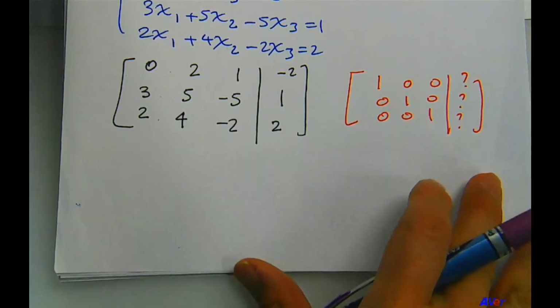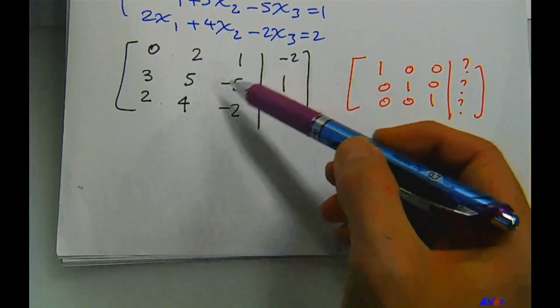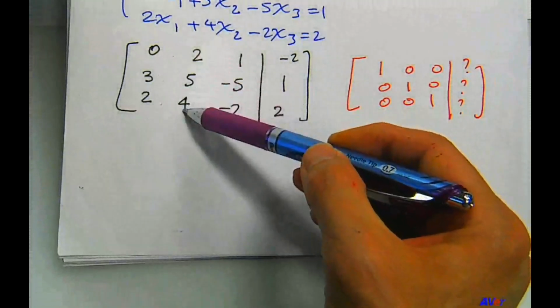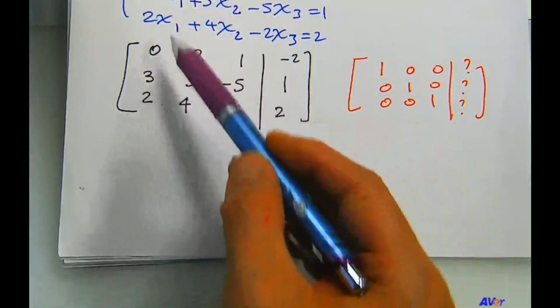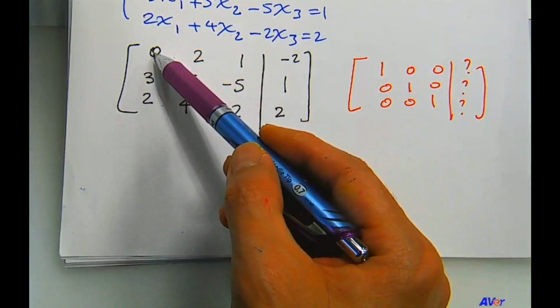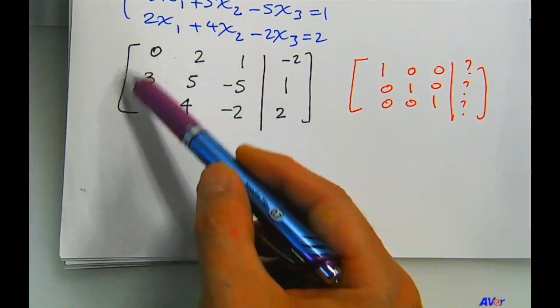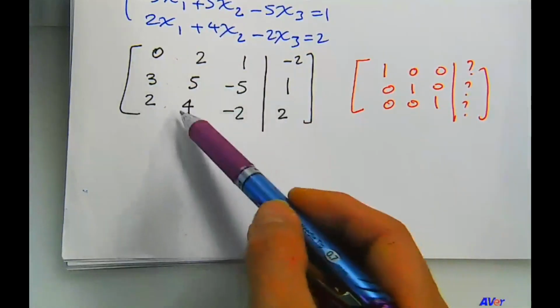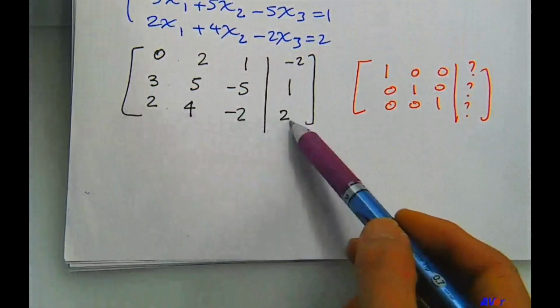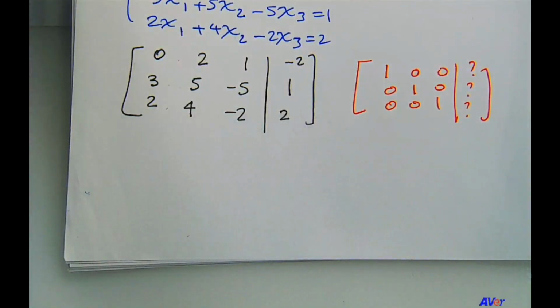But let's see what happens if we switch row 1 with row 3. If we do that, then we're going to end up with a 2 in that corner. And then to convert the 2 to 1, we're going to multiply that row by 1 over 2. And when we do that, we will not end up with fractions.